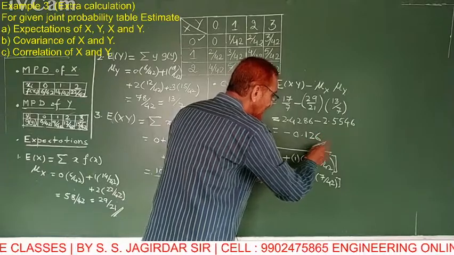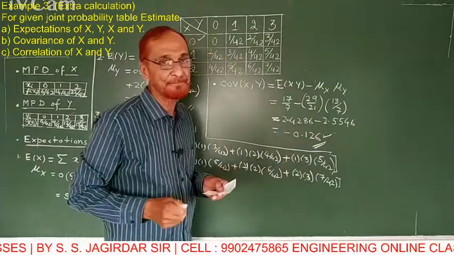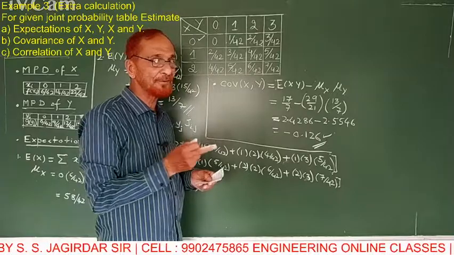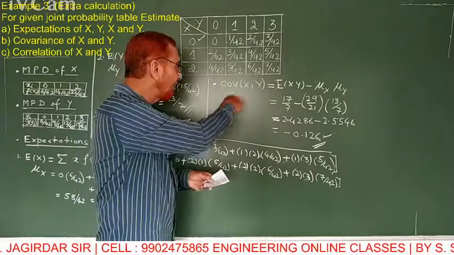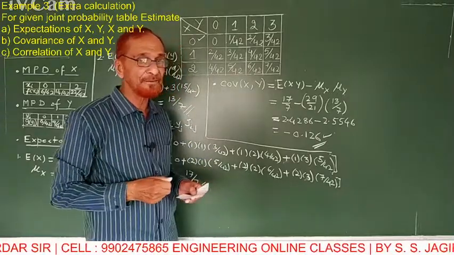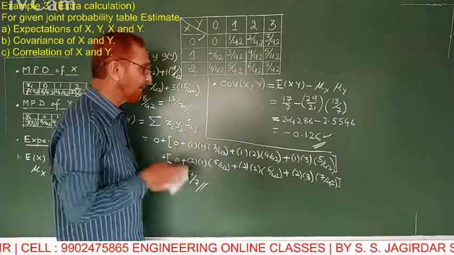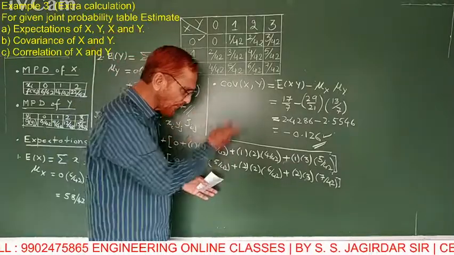So this is the covariance. One answer is Y. That means you have got the expectation of Y, this is A, this is B, covariance of. Okay, up to here in type 1 also we had worked it out.